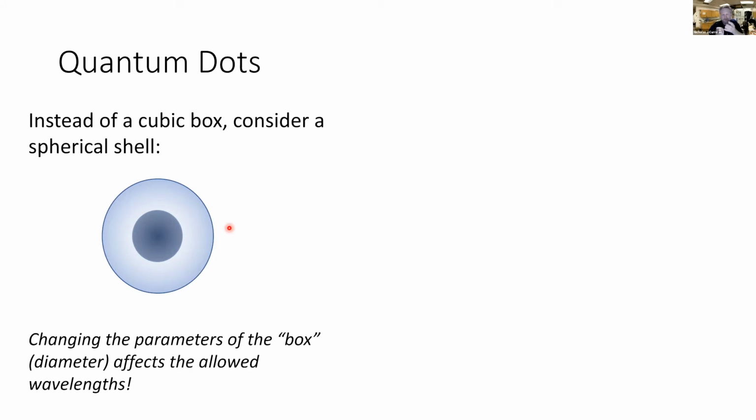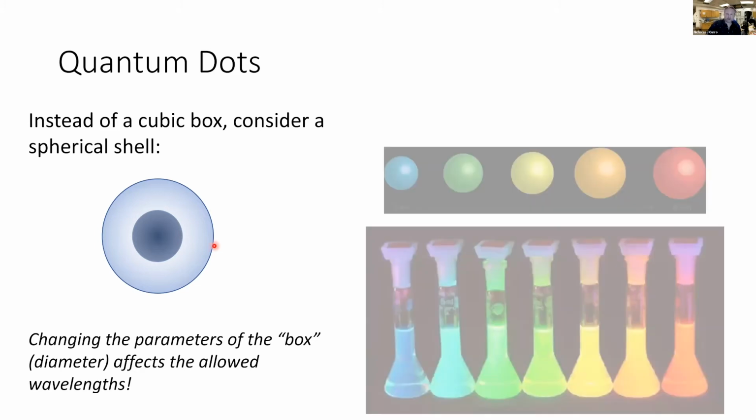The electrons can live in the metal, but they can't live in the insulating center or the outside. So it's kind of like a bounding box for that electron. The most important parameter that decides the energy level spacing is the radius, or the distance between the inner diameter and the outer diameter. So this is exactly what happens in quantum dots.